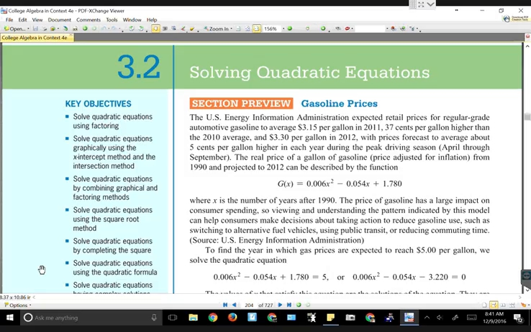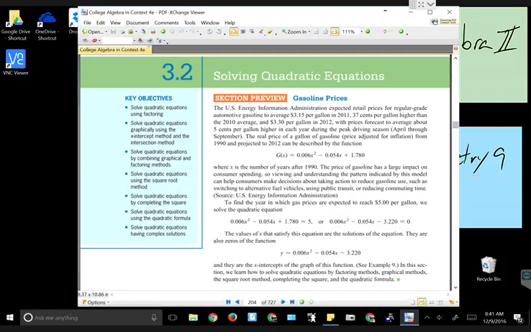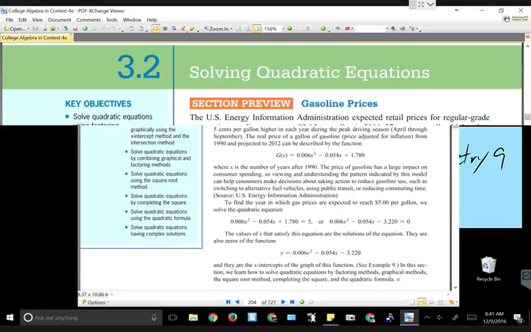When they give us that formula, what should we do? Got a formula, pop it into the graphing calculator. That's generally the first thing that you want to do.